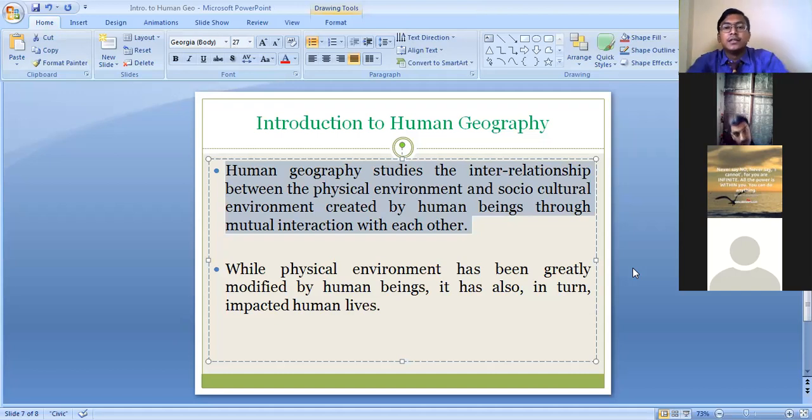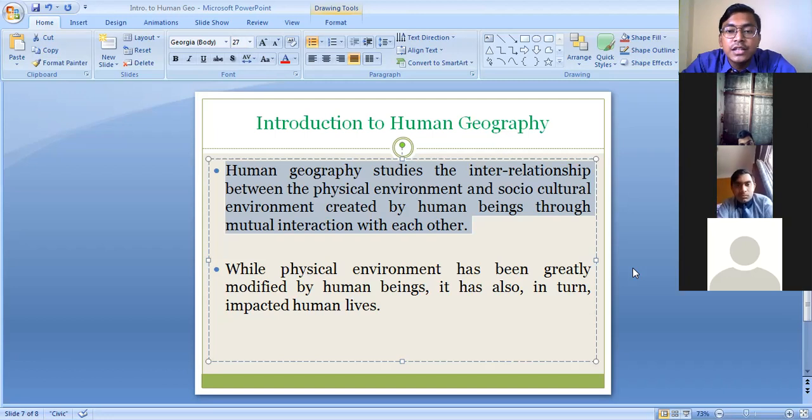So here you can see that the main objective of studying human geography is to study the interrelationship between the physical environment and the socio-cultural environment. The physical environment is the one formed by nature, and the socio-cultural environment is the environmental setup created by human beings, like the society, race, culture, towns.